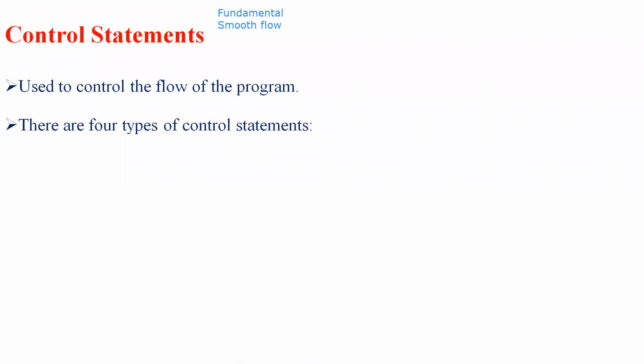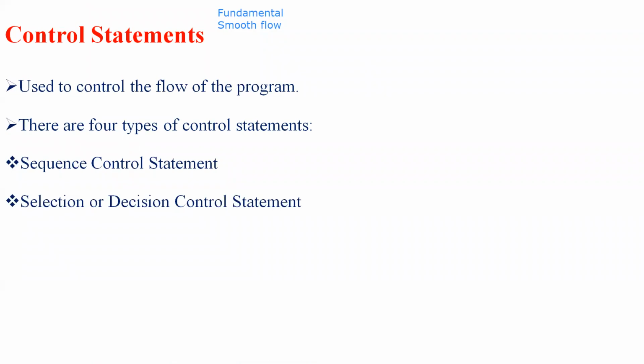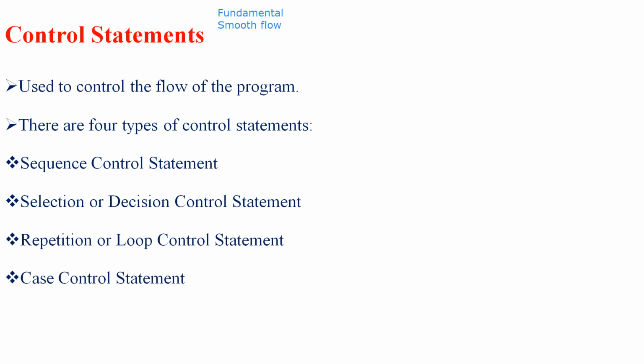So basically there are four different types of control statements in Java programming, and they are sequence control statements, selection or decision control statements, repetition or loop control statements, and the last one is case control statements. So in the first module, we'll discuss two main control statements. One is the if statement and another one is the for loop statement.